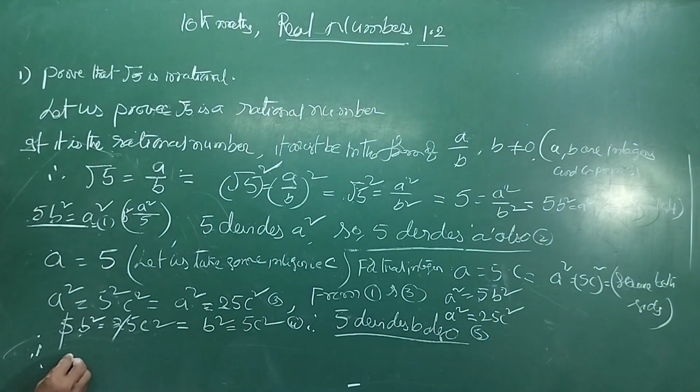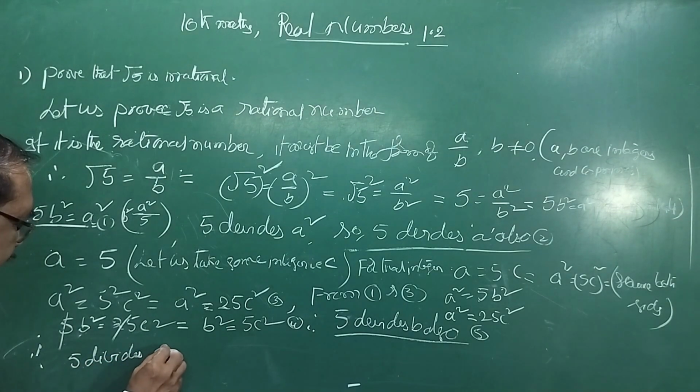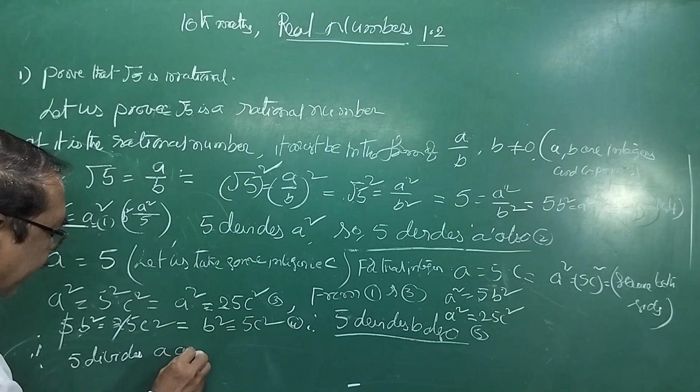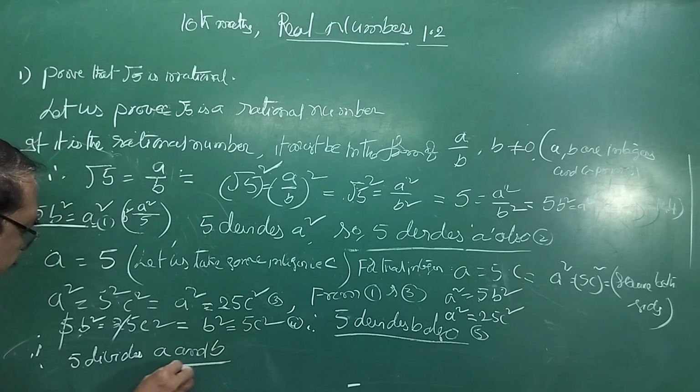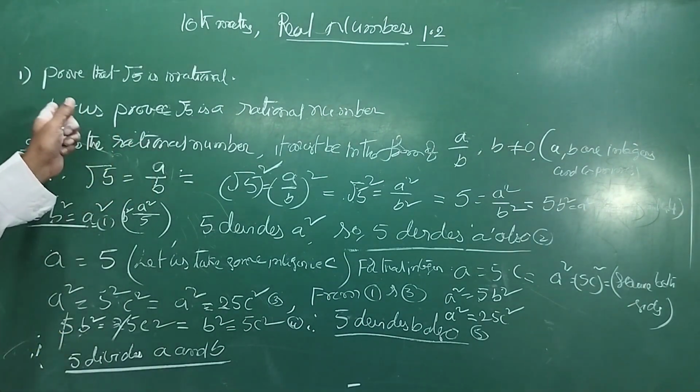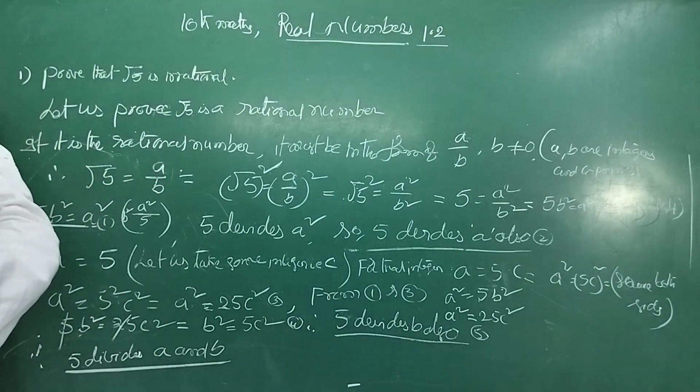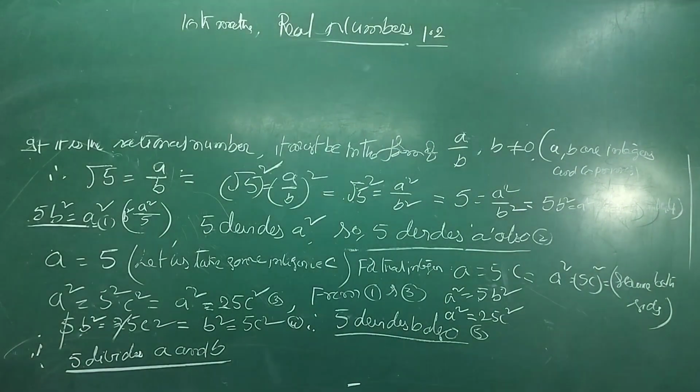Therefore, 5 divides a and b. That is, 5 divides a and b. Yes, so this is 5 divides a and b also.